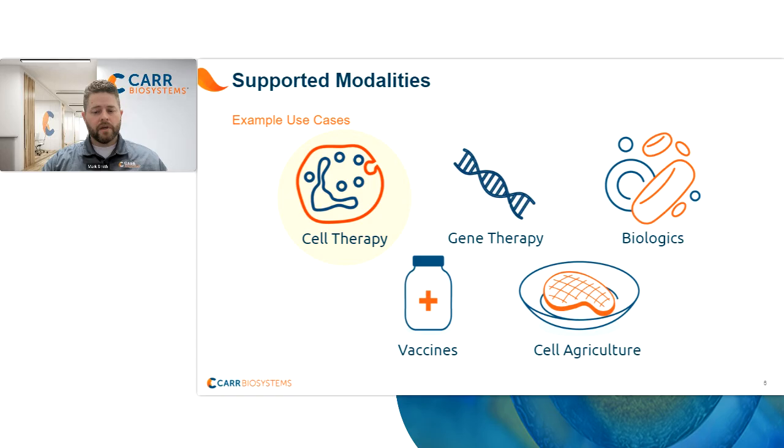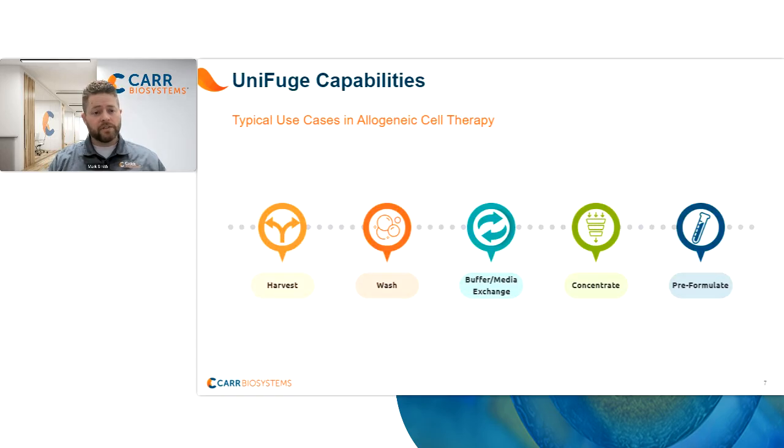Looking specifically at the Unifuge family, we typically see our technologies used across harvest, washing the cells, buffer and media exchange throughout the workflow and the process, concentrating the cells, and formulating and pre-formulating for final fill and finish.